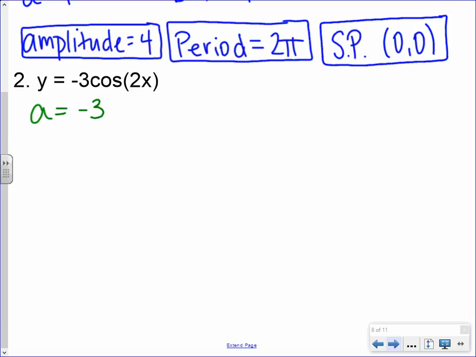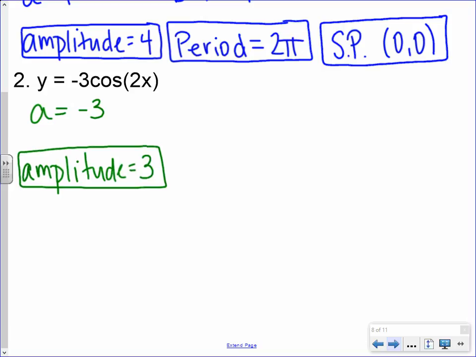It's the absolute value. So our amplitude is really 3. If you have a -A, make a note to yourself that the graph is going to be reflected. So our amplitude is 3, but since it's a negative A value, we're going to have a reflected graph. That will help us tomorrow when we actually go to graph these.